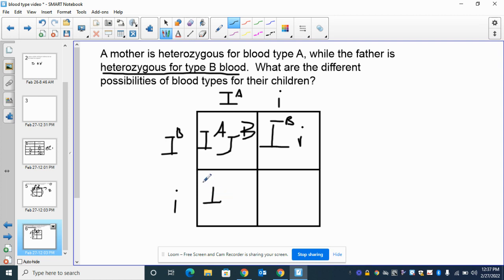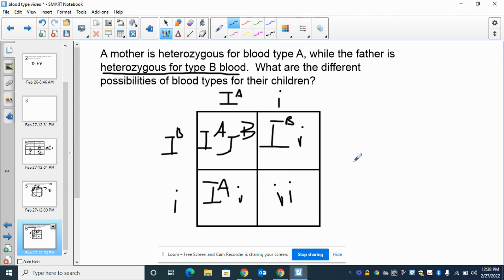And this kiddo here would have one A allele and one O allele. That would make that child blood type A because the A allele is dominant. And this kiddo here would have both O alleles, making that kiddo blood type O. So there's a possibility if your mom is blood type A and your dad's blood type B, that you could have any of those four blood types.